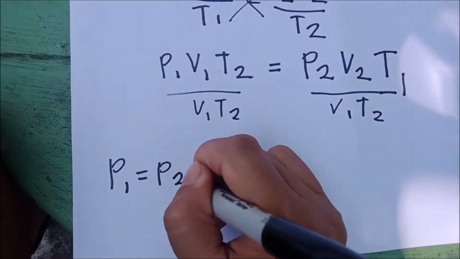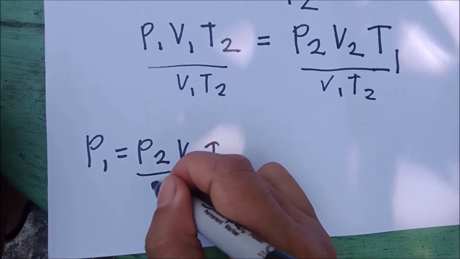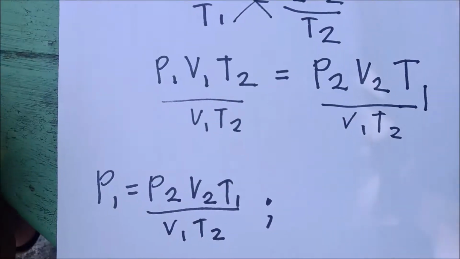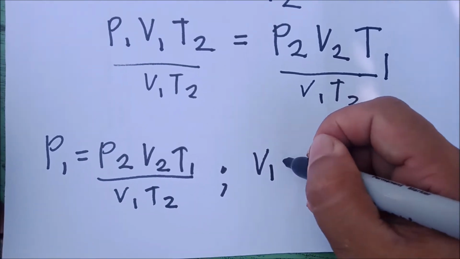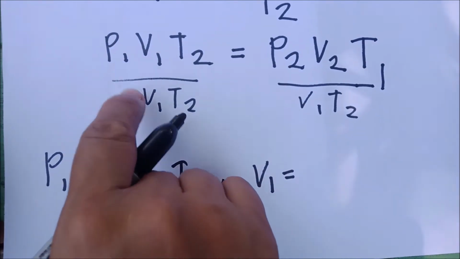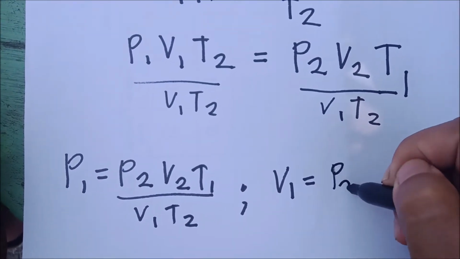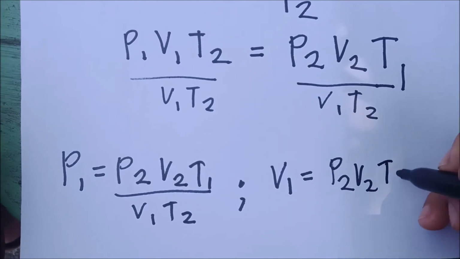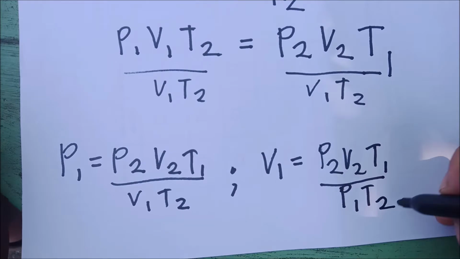P1 is equal to P2 V2 T1 over V1 T2. Secondly, if we want to have the formula for V1, eliminate on this side P1 and T2. Hence, your formula will be P2 V2 T1 over P1 T2.